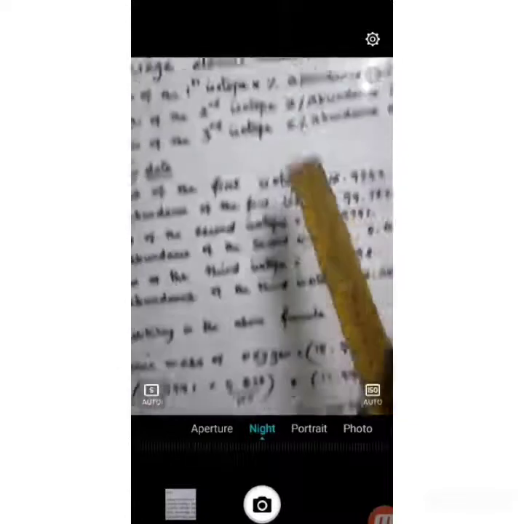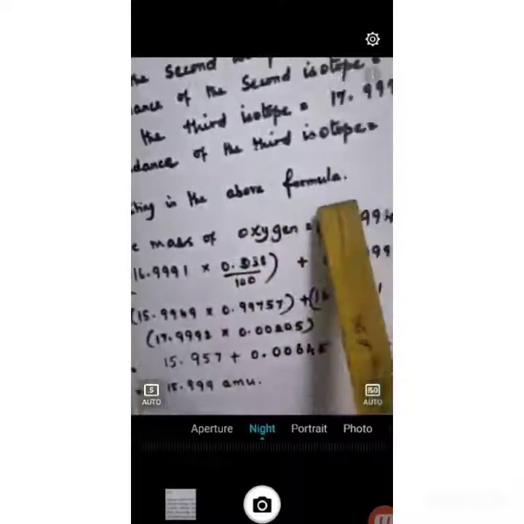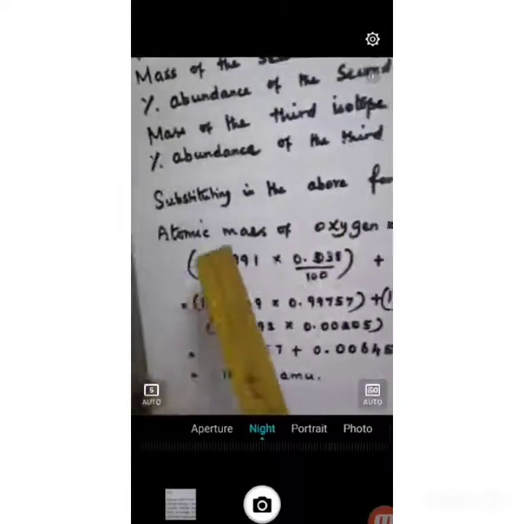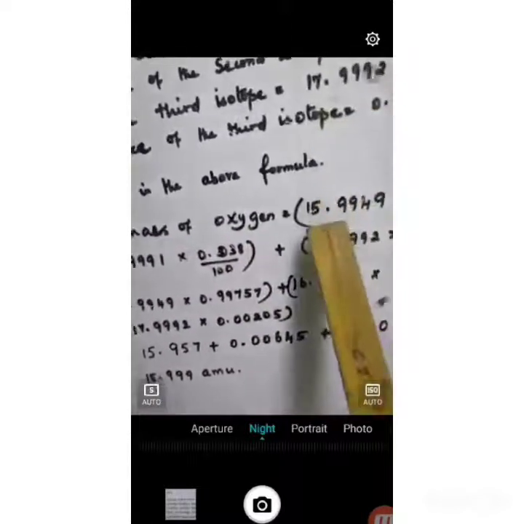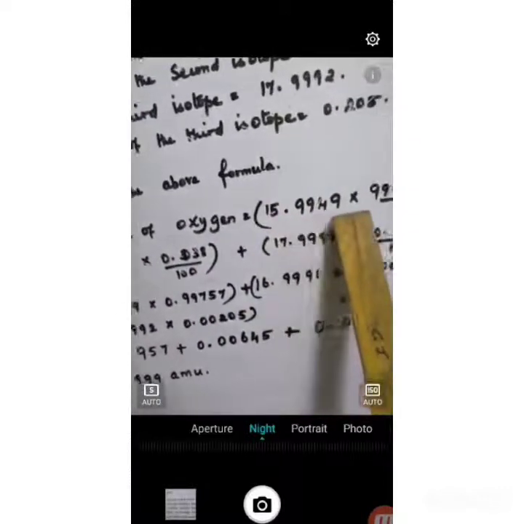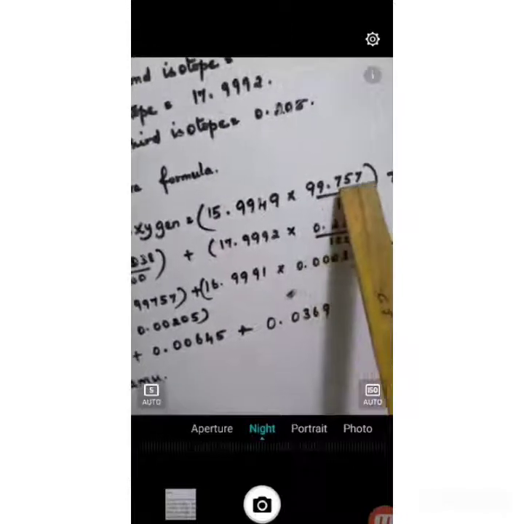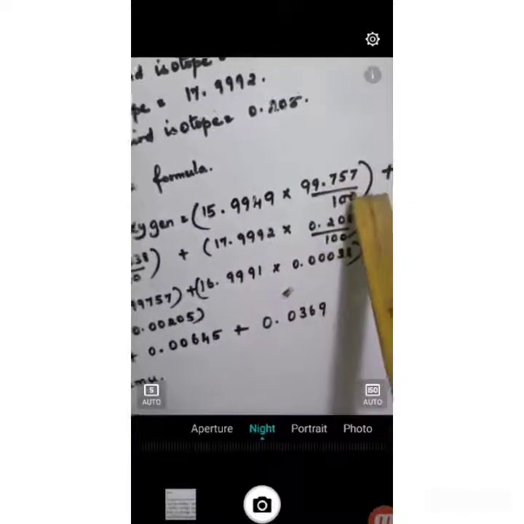Now, these data given in the problem we are going to substitute in the above formula. So what will we get? Atomic mass of oxygen is equal to 15.9949 into 99.757 divided by 100.